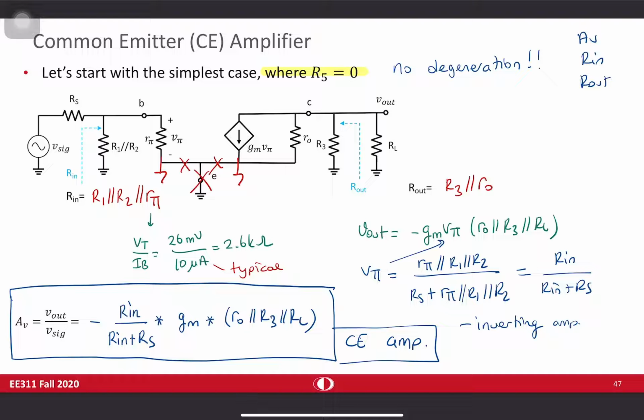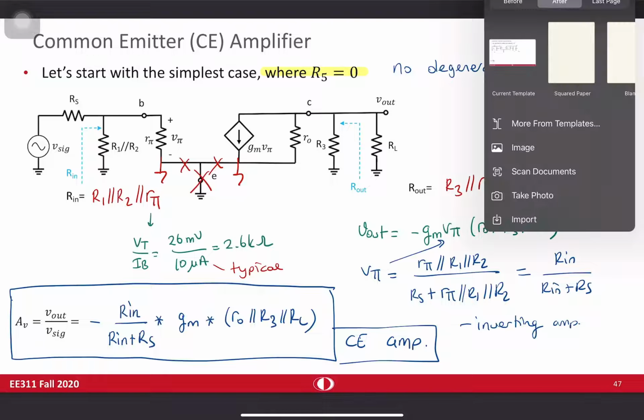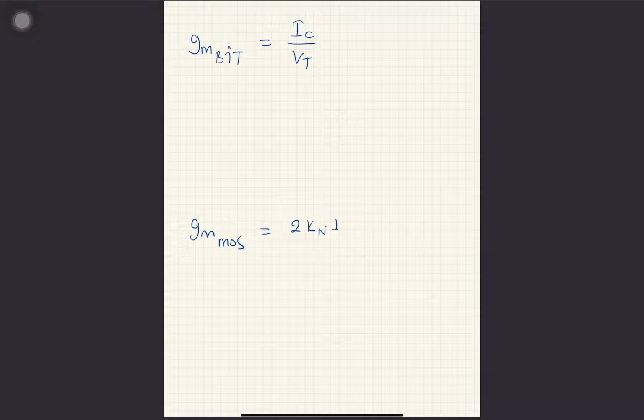So for GM, let me open a new page. GM of the BJT is given as IC divided by VT. GM of the MOSFET is given by the square root of 2Kn ID. Let's assume that we have the same bias. ID is equal to 1 milliamp.